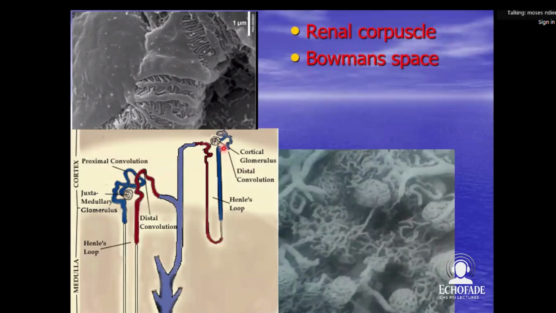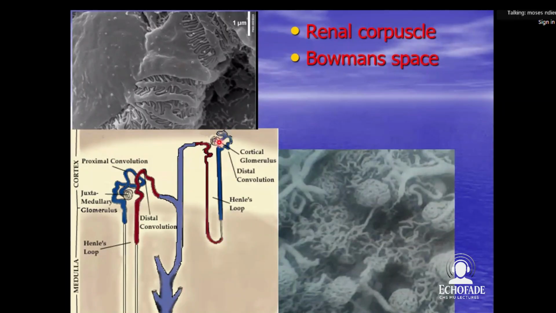Now, the Bowman's corpuscle has two poles. The part where the blood vessels enter and leave is what we refer to as the vascular pole. After ultrafiltration, the primary urine leaves and enters the proximal convoluted tubule.